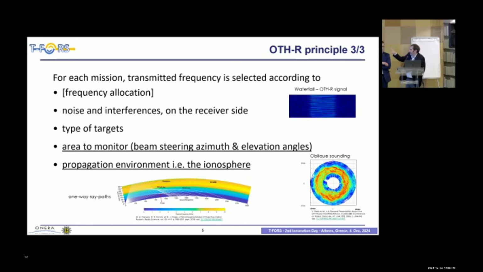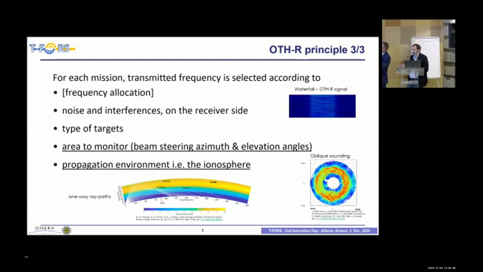So in that case, the ionosphere. Here are two illustrations just to show you what the impacts are. On the left hand side, it's a result from ray tracing. With that, you can estimate at what range you will be able to illuminate. And this is done thanks to models, but also thanks to soundings.